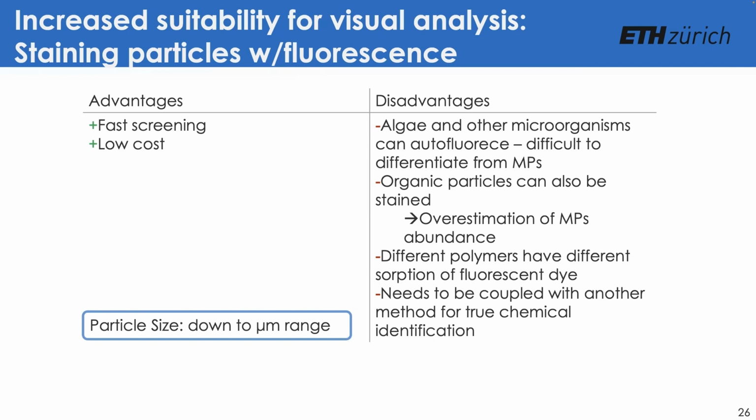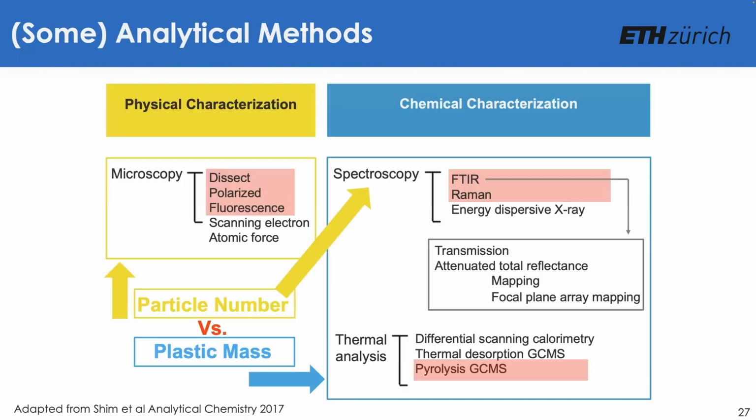And the different types of polymers may react differently to different types of dye. So it may not be selective enough for you to be able to use just one dye to be able to look at all different types of microplastics. So this is still maybe not the best approach to really make sure that you have your microplastics in the sample, but still is a step above just using optical microscopy. But of course, it's best if we can actually have a chemical identification.